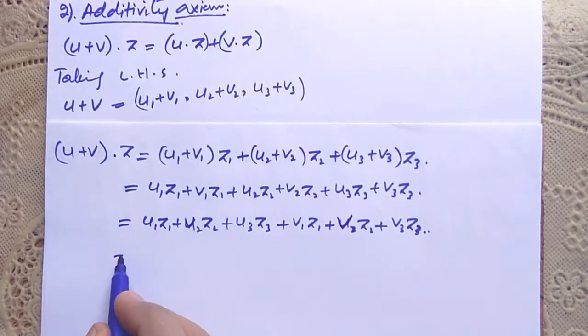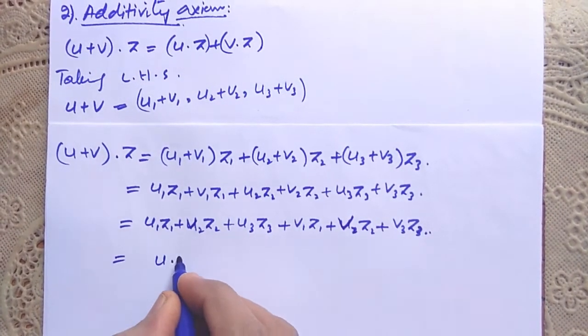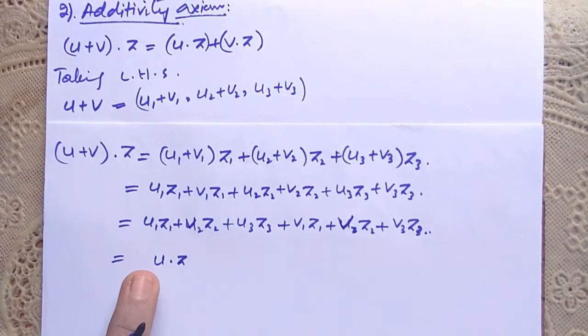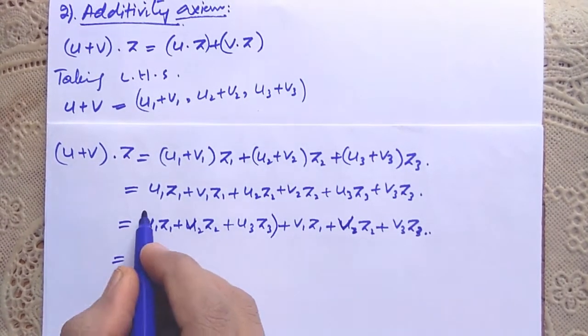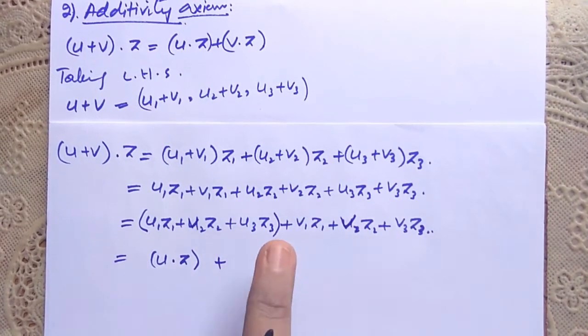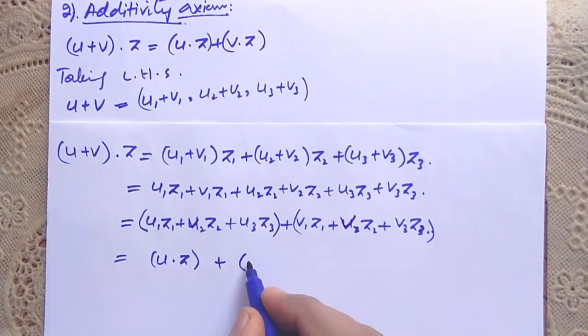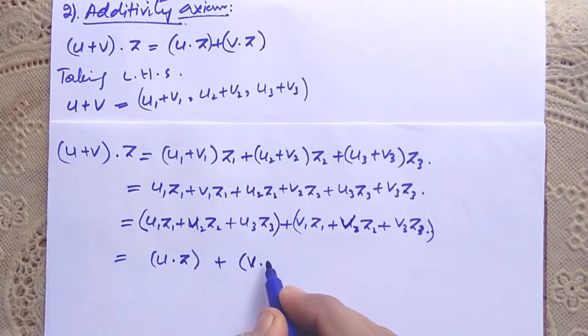Now notice that these three terms are equal to u dot z, means when we take the dot product of u with z, we will get this expression, plus, and when we take the dot product of v with z, then we get this expression, means we can write this expression as v dot z.